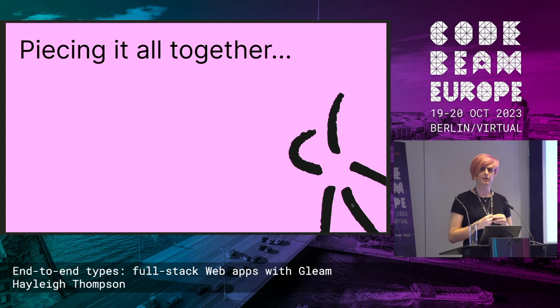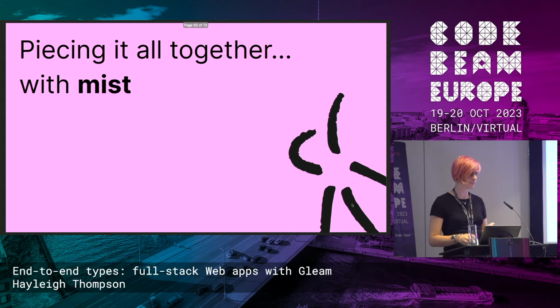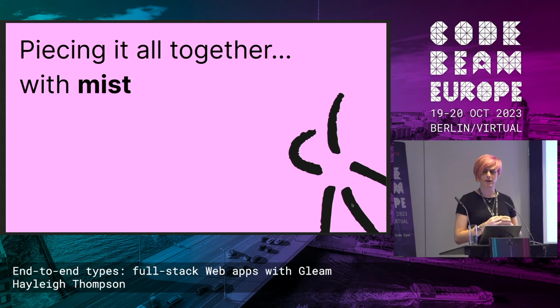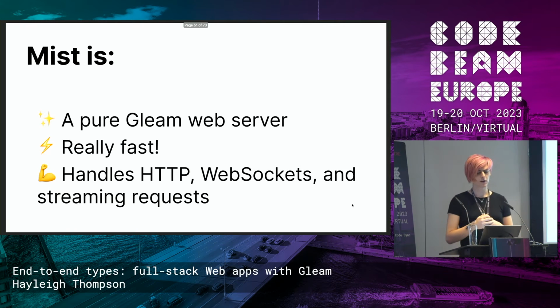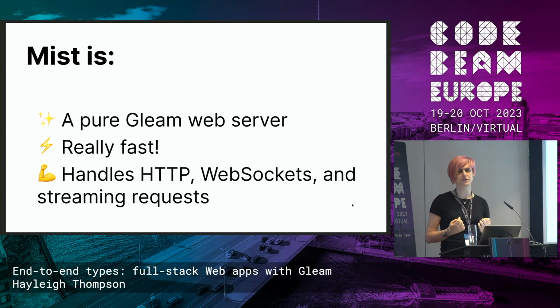I mentioned that this was written entirely in Gleam, and so I just want to take a moment to walk through some of the main packages and parts of the ecosystem that make that possible. The first one is a package called Mist. Mist is a web server written in pure Gleam, and it's really fast.